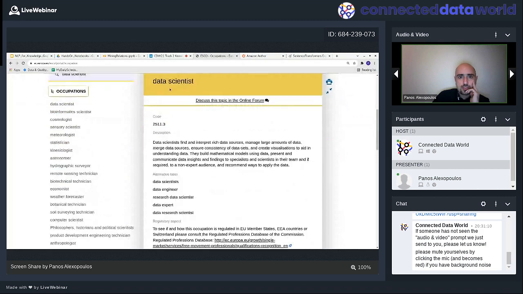This is the concept of data scientist, and these are its lexicalizations. So all these terms, data scientist, data engineer, research data science, data expert, data research scientist, are considered to be belonging under the same group, assumed by ESCO experts to be identical, to have the same meaning.